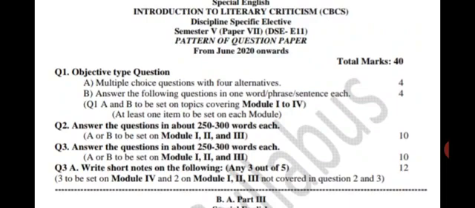So this is the particular syllabus, pattern of question paper, and course objectives for Introduction to Literary Criticism, BA 3rd, Special English. So start to read some material on it.